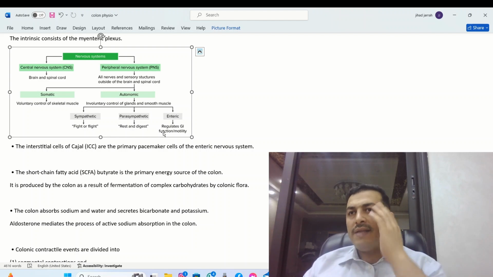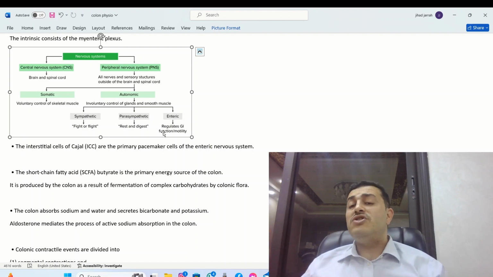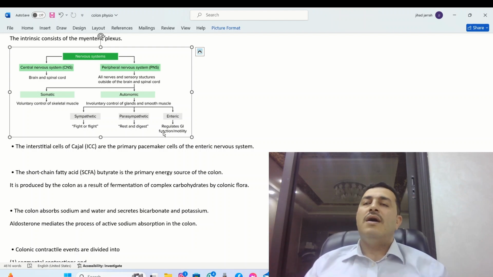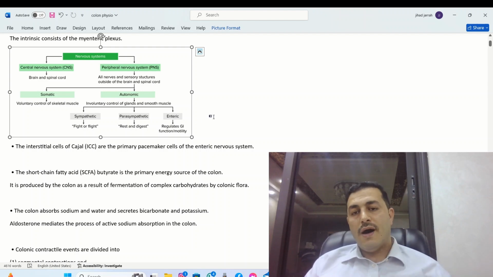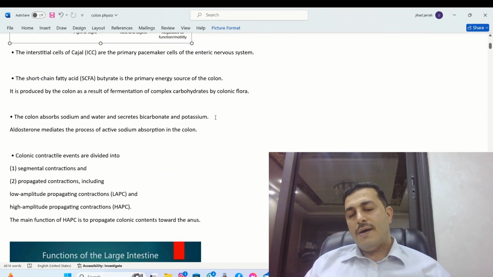And remember that there is the interstitial cell of Cajal that is considered the pacemaker of GI motility.